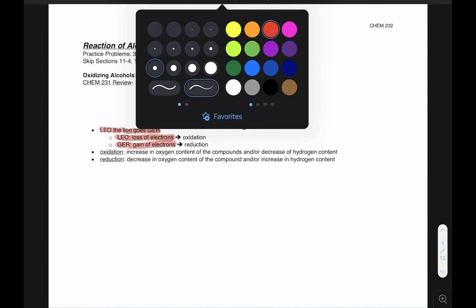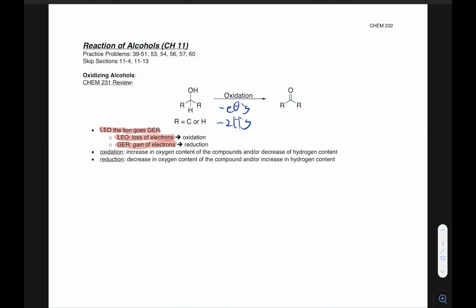Or more succinctly, we're increasing the oxygen content or decreasing the hydrogen content, so we're getting an oxidation. That's the gist of it. So we're going to be looking at some oxidations here, going from alcohols, secondary or primary, to different carbonyls.